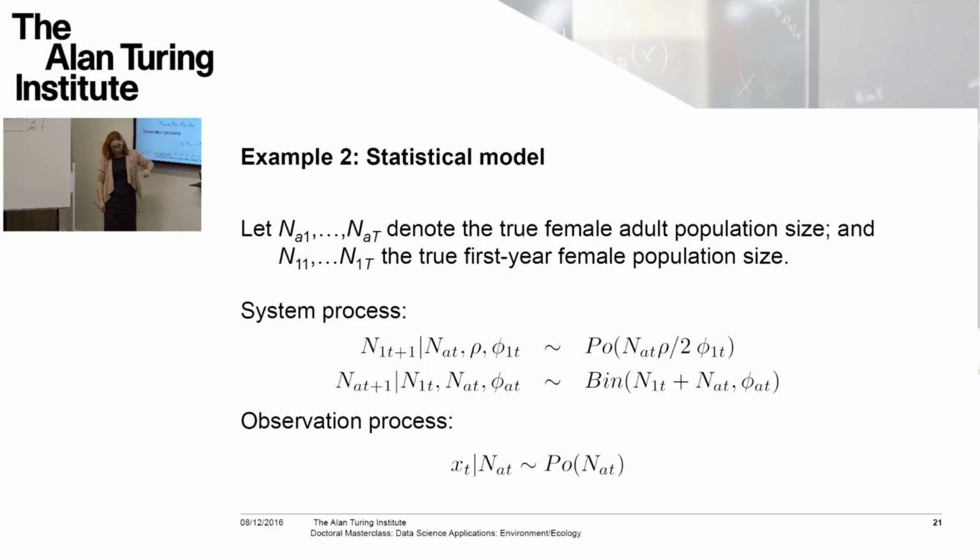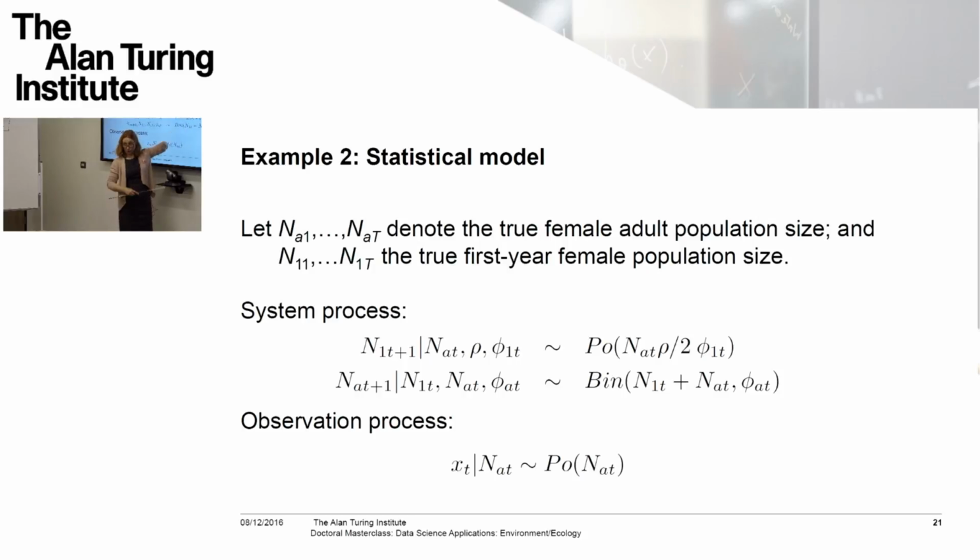So rho is the fecundity rate, the number of chicks being produced, and phi is the probability of survival for the first years. And we assume that the number of chicks that each individual produces that survive is going to be Poisson with rho over 2, because we assume equal numbers of males and females are born.